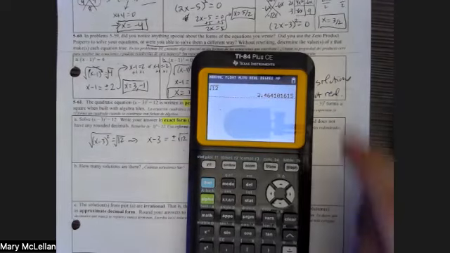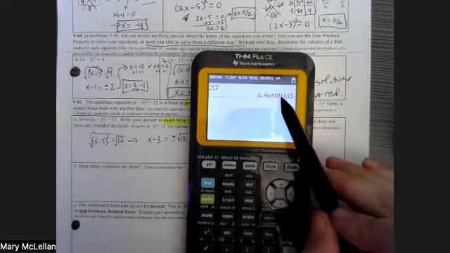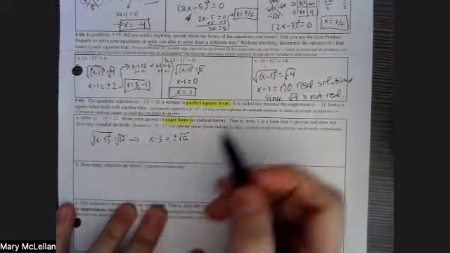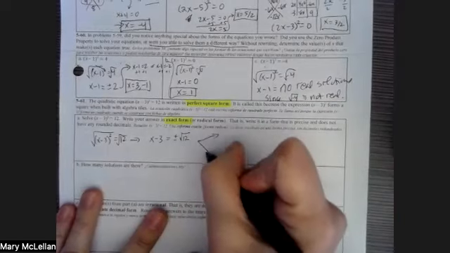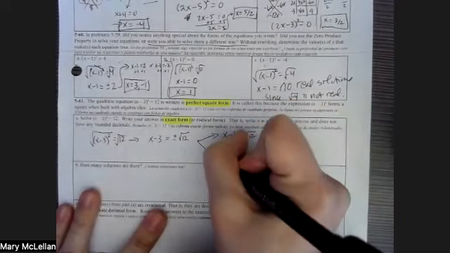That's not exact. My calculator rounded to the 9th decimal place, and I don't want any rounding at all. So I split this up into two equations, x minus 3 equals positive root 12, and x minus 3 equals negative root 12.